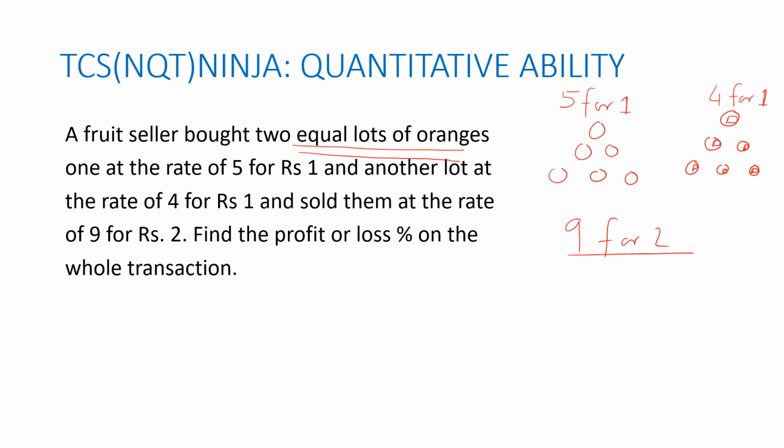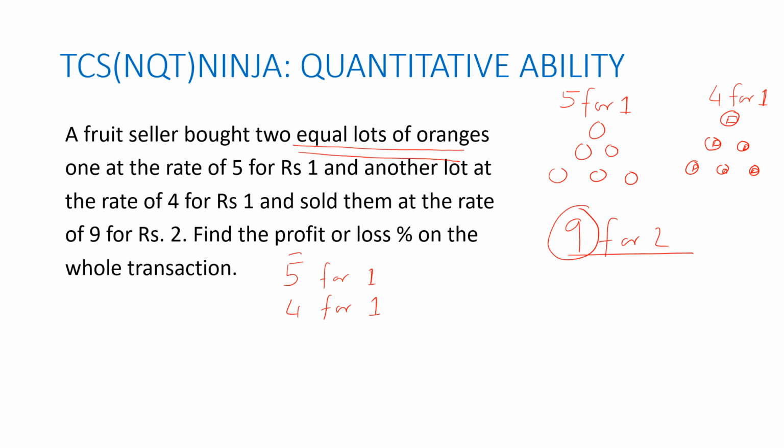So you're buying 5 for 1 and you're buying another set 4 for 1. But they have to be bought in equal lots. And towards the end, you're selling 9 for 2. So we're going to make use of LCM over here.